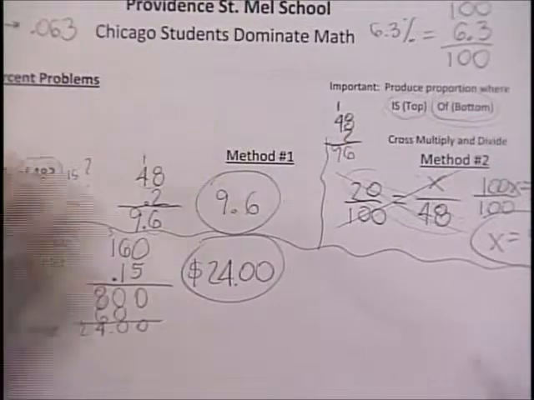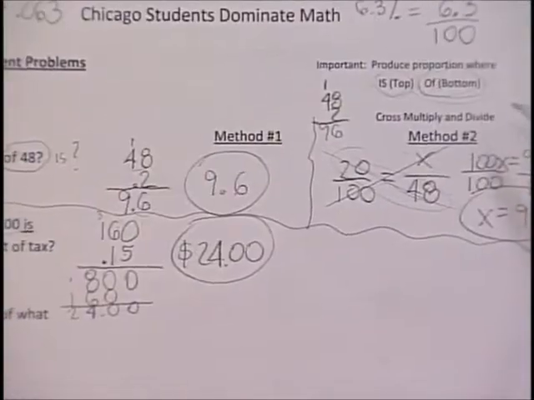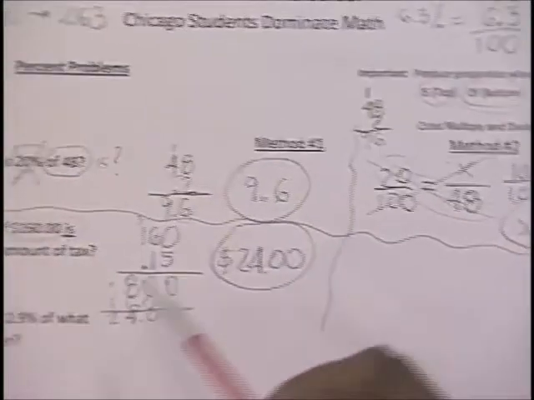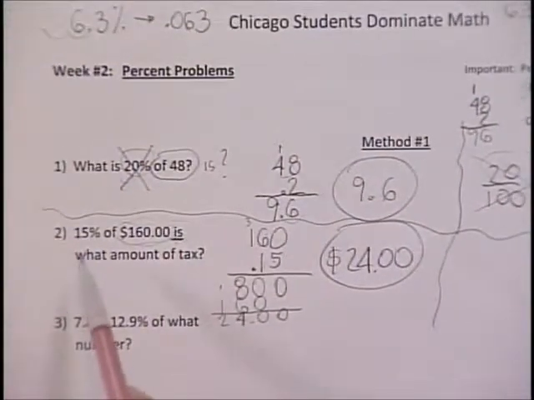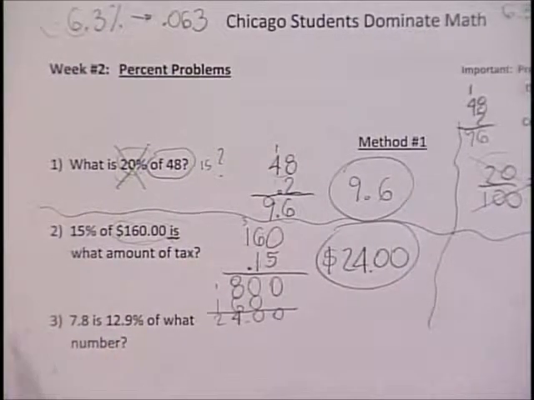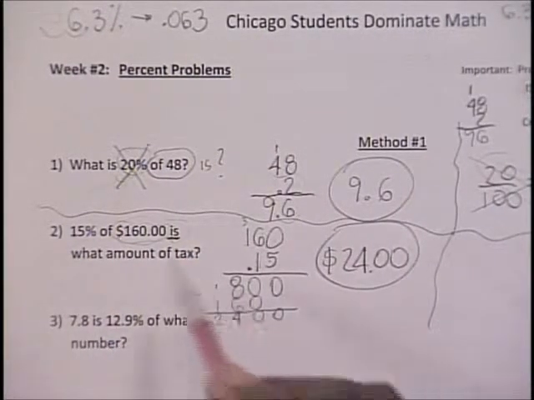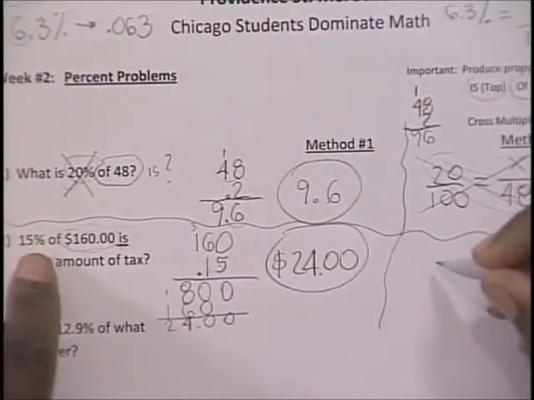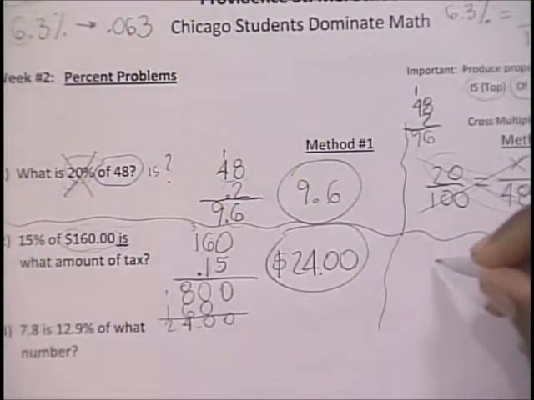A second method would be to use this approach where you turn the percent, 15%, into a fraction. All right, so let's do that. A percent, when you turn it into a fraction, is always something over 100.